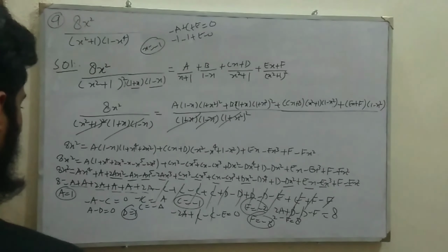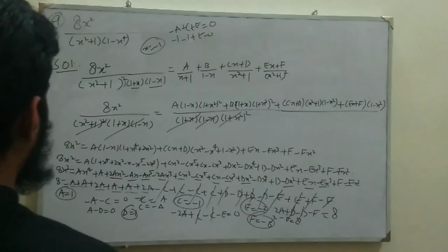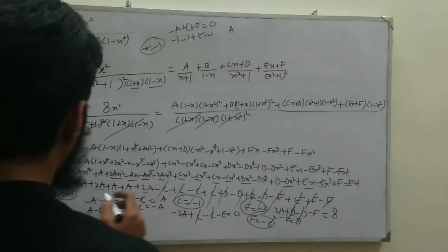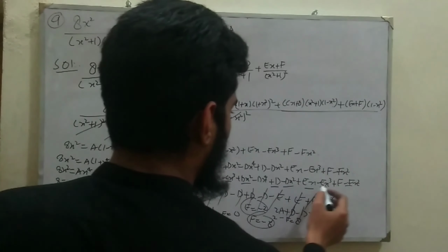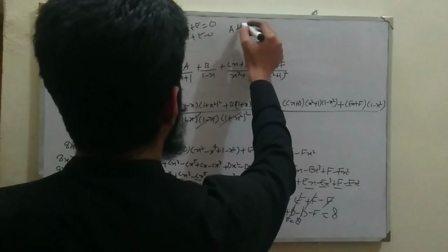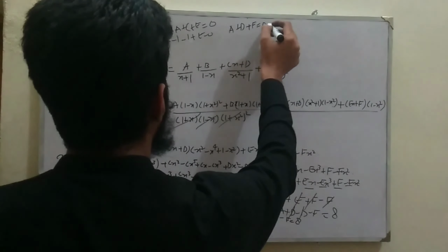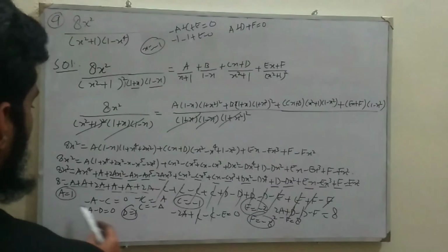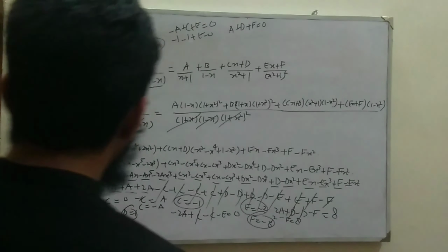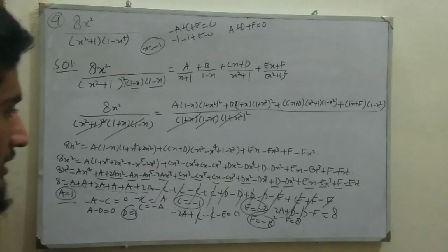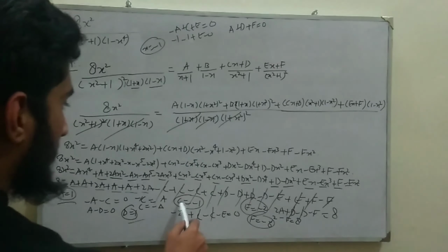Now comparing the constant on both sides, which is a, and the constant on this side is plus d and plus f. A plus d plus f is equal to 0. A is 1 and d is also 1. Here we have a, and this is d, c, e and f.